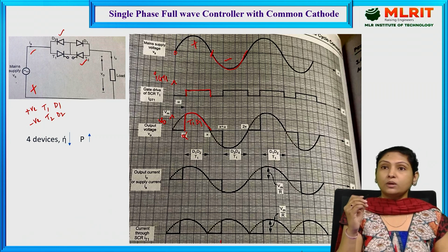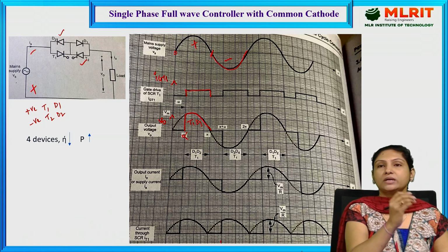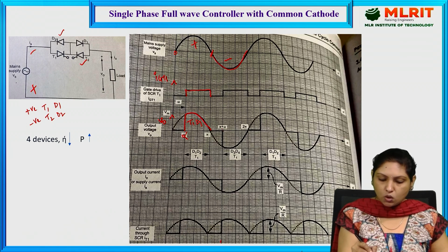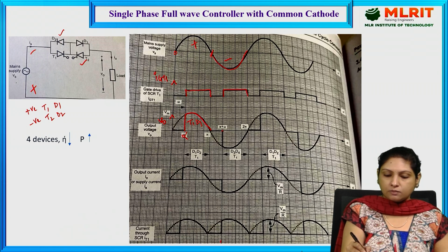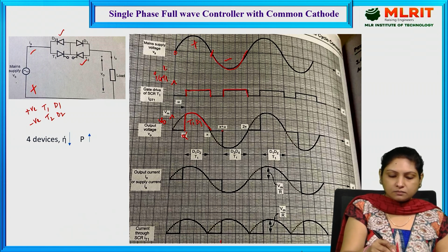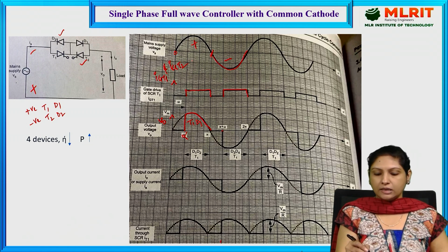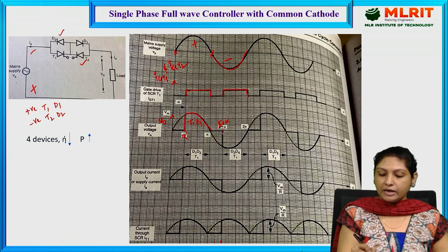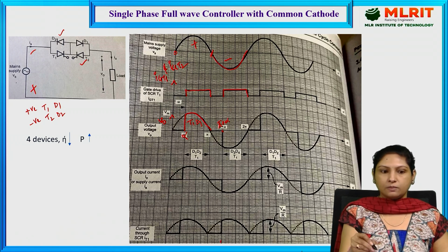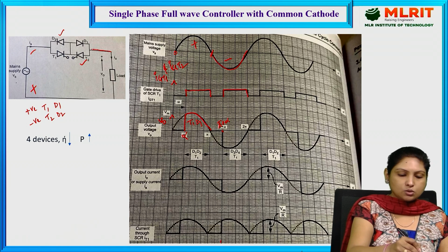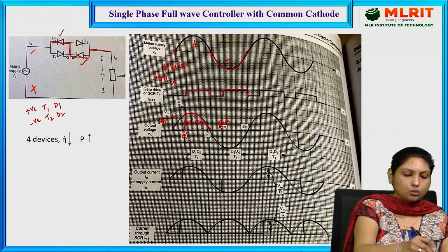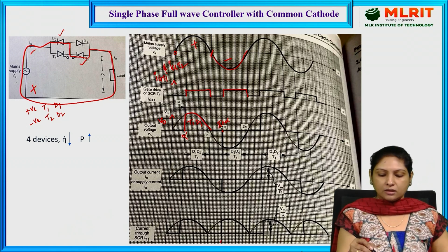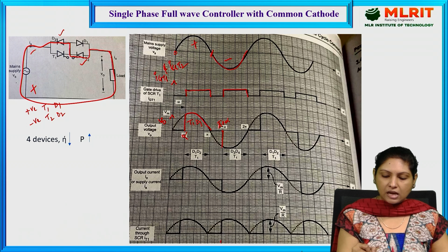The moment we provide the triggering pulse, T2 and D2 start conduction. At the instant pi plus alpha, we provide the triggering pulse Ig2 for thyristor 2, and now thyristor 2 starts conducting current through D2, supply and load. This is how we get the output voltage right from pi plus alpha to 2 pi.